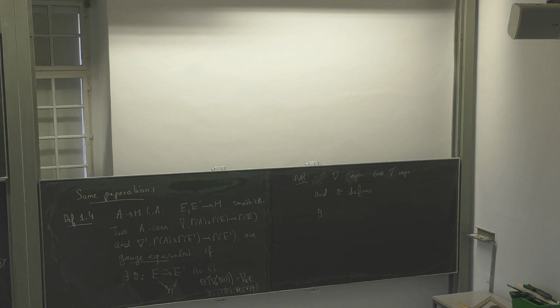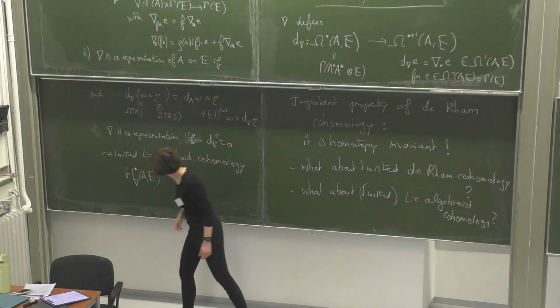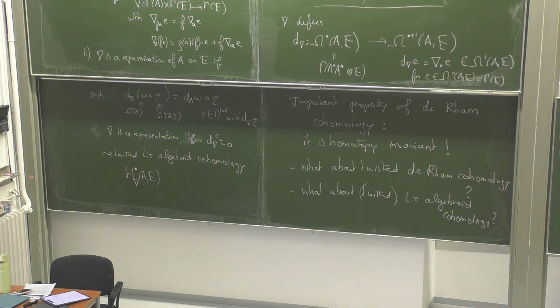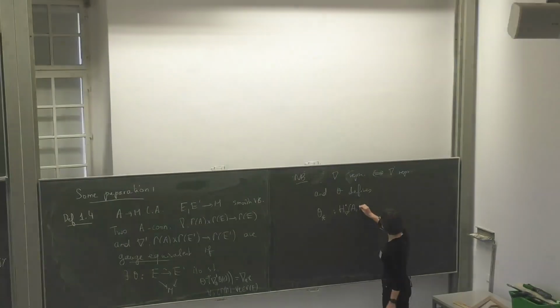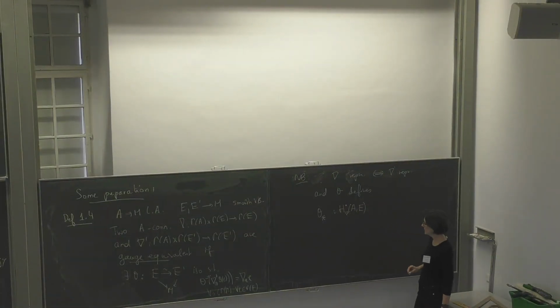I forgot an important part of the notation here: theta star, from the twisted cohomology of A with values in E, with nabla, to the twisted cohomology of A with values in E prime, and you just send the class of a form to theta composed with the form.